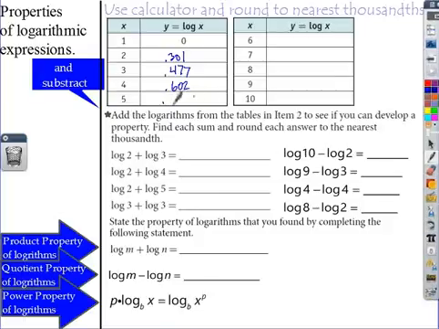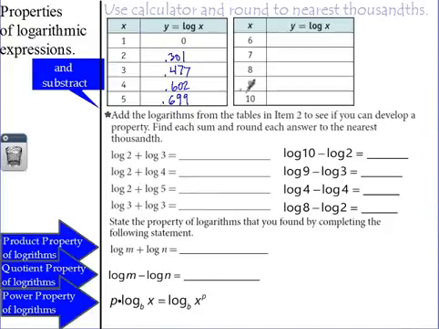These are all rounded off to the thousandths place. 0.778 for log of 6. The log of 7 is equal to 0.845. Log of 8 is equal to 0.903. Log of 9 is equal to 0.954, and the log of 10 is equal to 1.